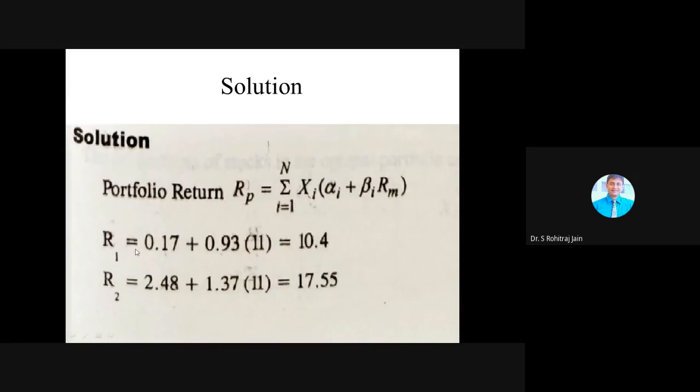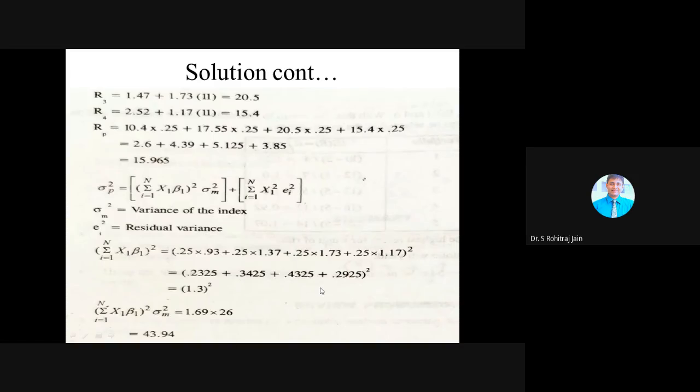Okay. For the first company, I got the value to be 10.4%. For the second company, 17.55. For the third company, 20.5. And for the fourth company, 15.4. Then what is the portfolio return RP? It is the summation. As Kedar mentioned, the proportion of funds to be invested in all the 4 stocks is 0.25.